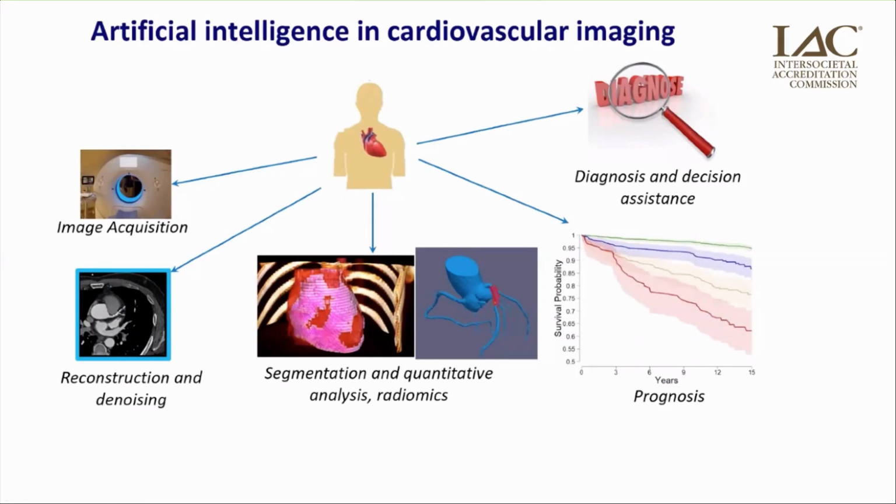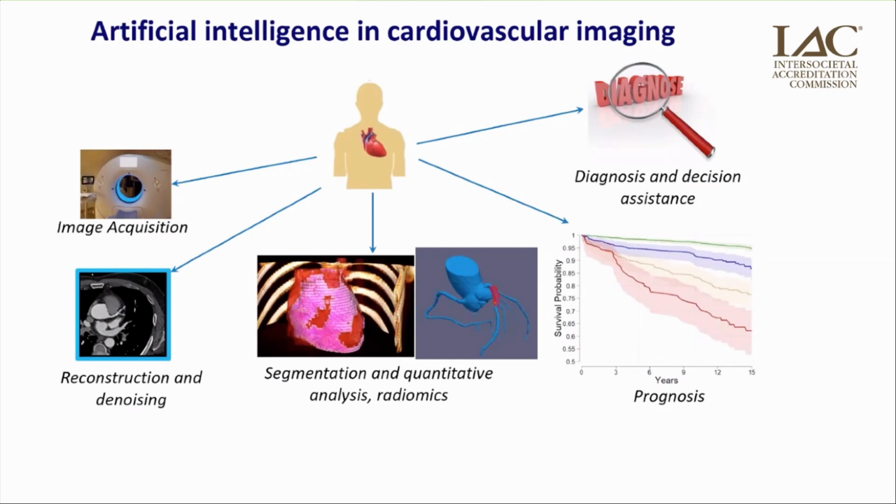There can be AI techniques behind undersampling techniques, and it can facilitate reconstruction of images and denoising. And once those images are acquired, it can certainly facilitate segmentation of the regions of interest and quantitative analysis within those regions of interest.